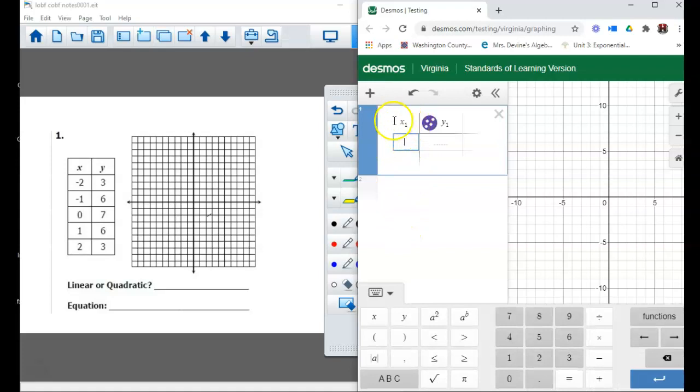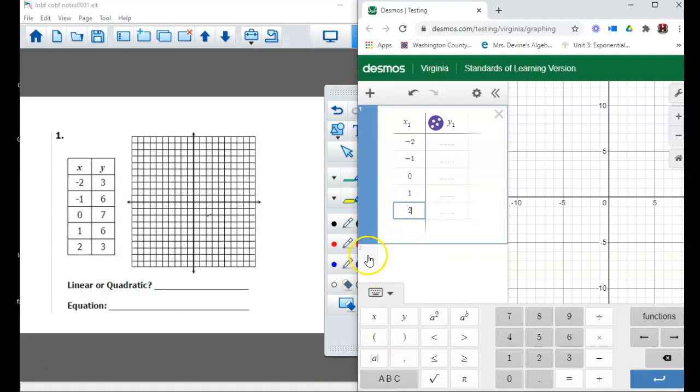Now, you'll notice it says x1 instead of just x, and it says y1 instead of just y. Now, I'm going to type in my x's. So I'll type in -2, -1, 0, 1, and 2. And you'll notice that I'm using my computer keyboard to type those numbers in.